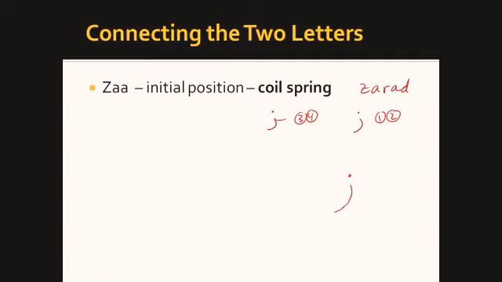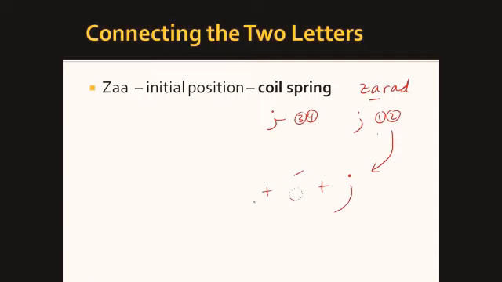Again, this is the form that we're using. And then we're writing the fatha, because we have the fatha here, za, za. Now it's not the za, it's za, za. So it's that short vowel.